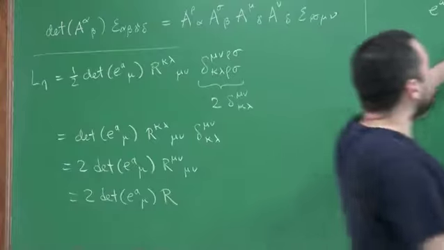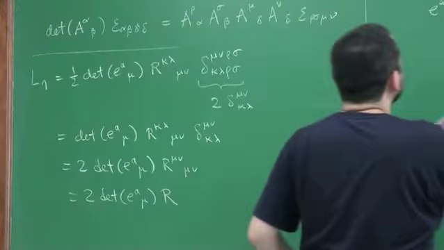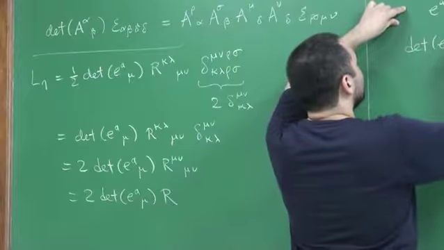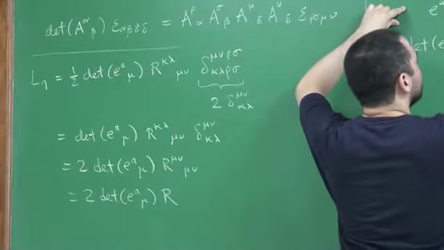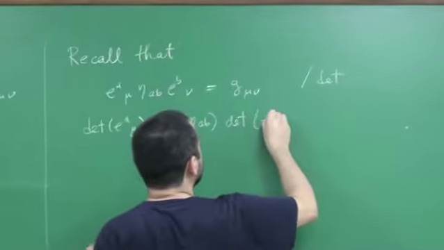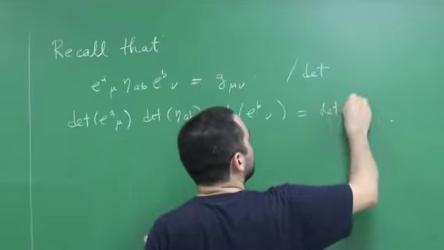If we take the determinant here, this will give us the determinant of the vielbein, determinant of eta, determinant of the vielbein and determinant of g mu nu.